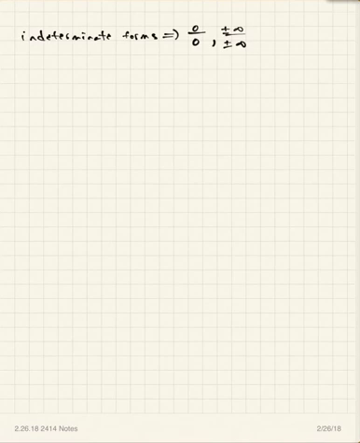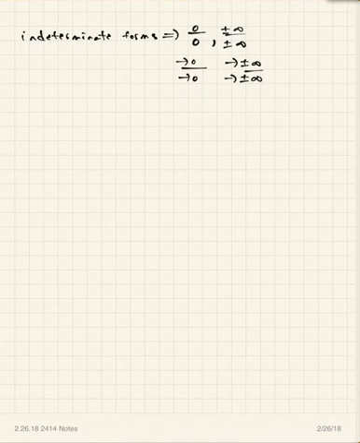We are not saying that an expression is 0 in the numerator and 0 in the denominator. We're saying really that the expression is getting close to 0 in the numerator and close to 0 in the denominator, right? So more properly, you might say the numerator is approaching 0, the denominator is approaching 0. Or you might say the numerator is approaching positive or negative infinity, and the denominator is approaching positive or negative infinity, right? That's really what we're saying when we write these indeterminate forms down.